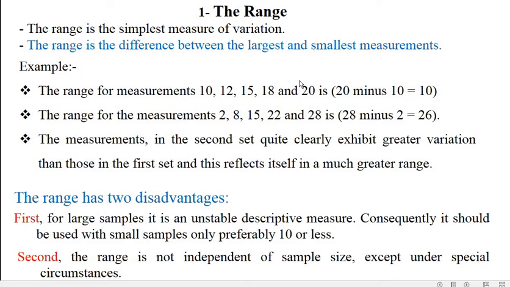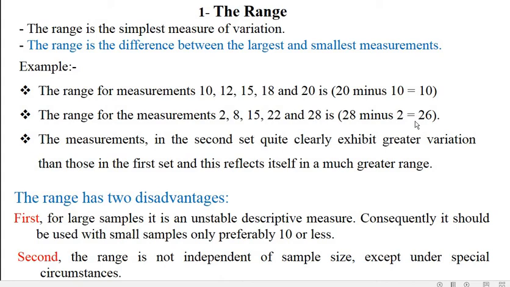For example, if we have data 10, 12, 15, 18, and 20, the range is 20, the largest, minus 10, the lowest, equals 10. In the other example, the data is 2, 8, 15, 22, and 28, and the range is 28, the largest, minus the lowest one, equals 26.